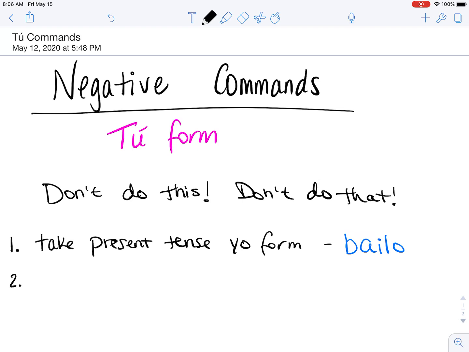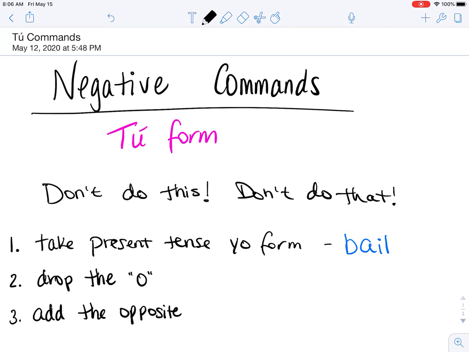Next, second step, we are going to drop the O at the end. So we're left with the stem, or the raíz, of bail. And then we're going to add the opposite tú form ending.